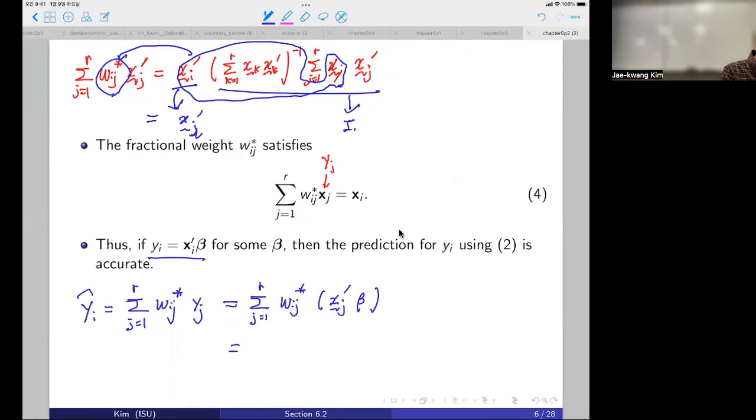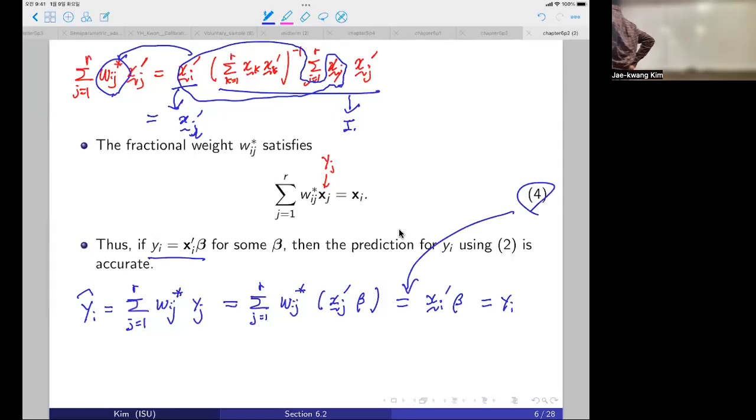And so that means your xi prime beta, that is yi.